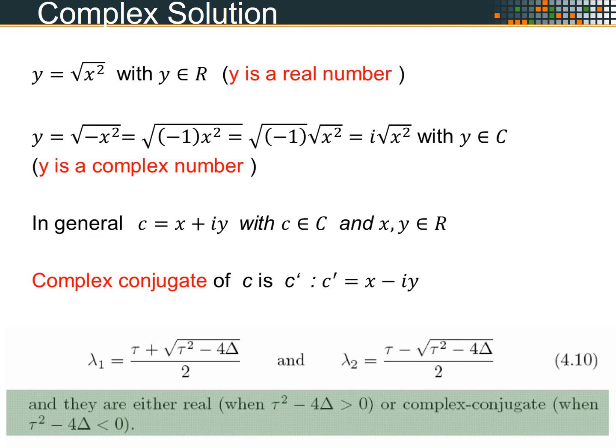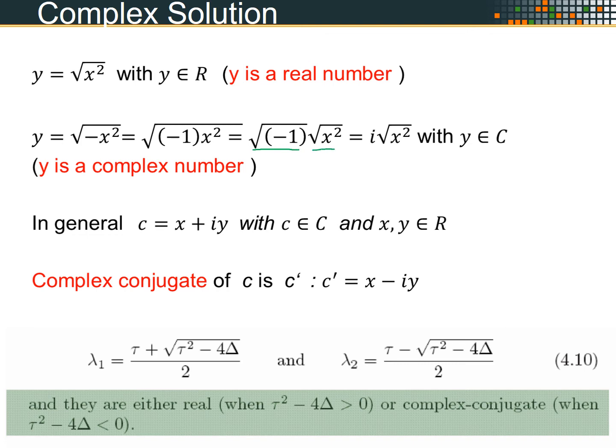If, however, we compute the square root of minus x squared, then we are computing the square root of a negative number. We can express this as the square root of minus 1 times x squared, which we can factorize into the square root of minus 1 times the square root of x squared.